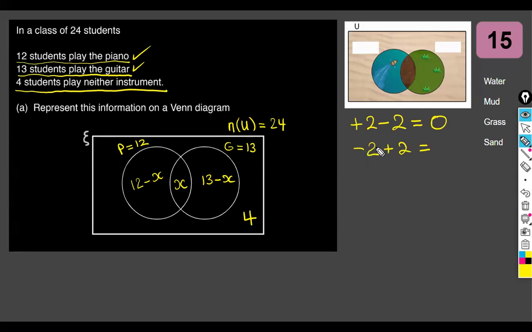Minus 2 plus 2 is what? 0. How much is minus x plus x? It's still 0, right? Minus x plus x is 0. Everyone keep that in the back of their head.